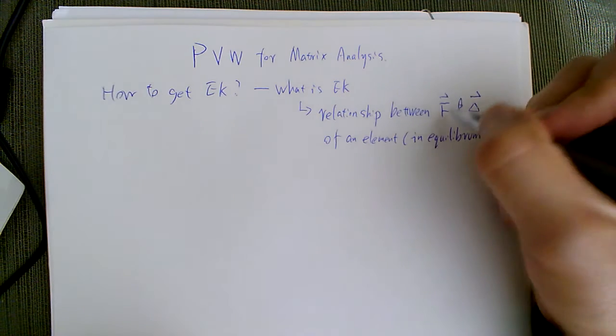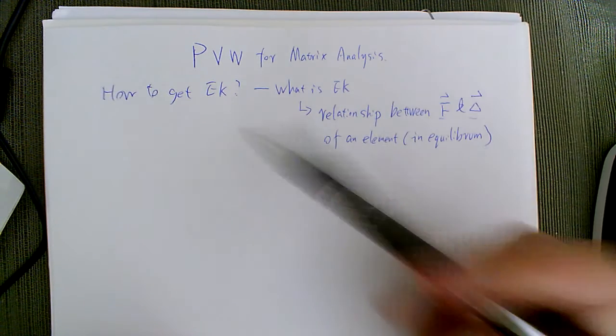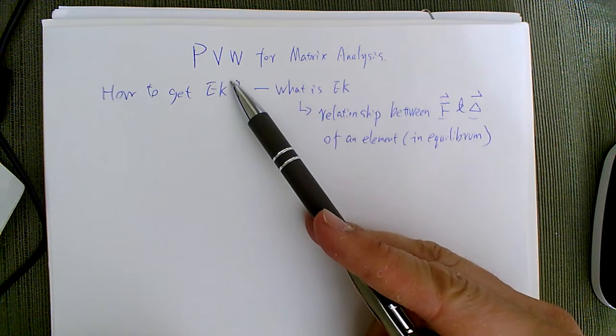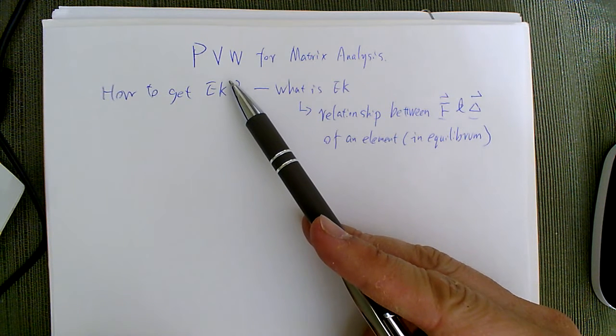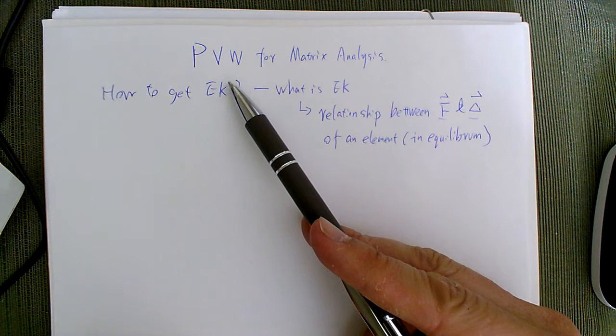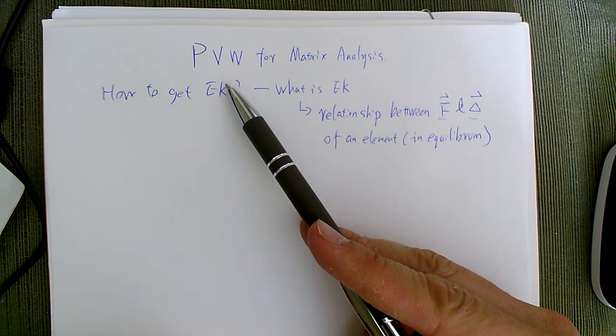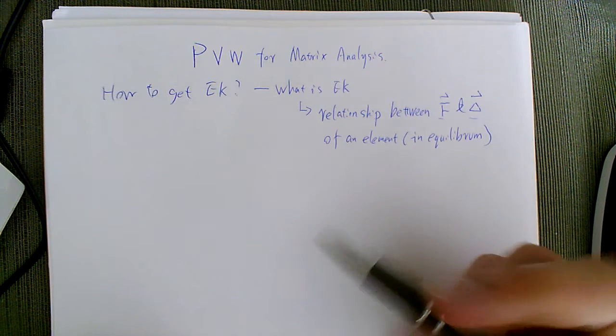Yes, because when we do principle of virtual work, if you review my notes earlier, you need a real set of forces and stresses, and you need a virtual displacement, and then make them do work, and then make them equal to 0, and all that type of stuff.